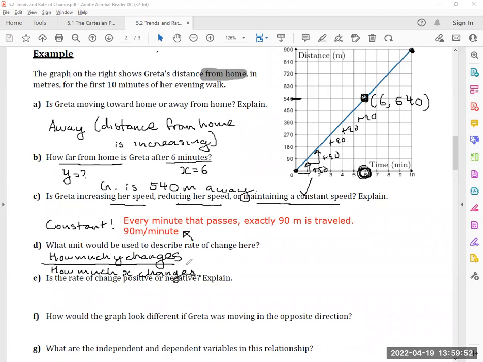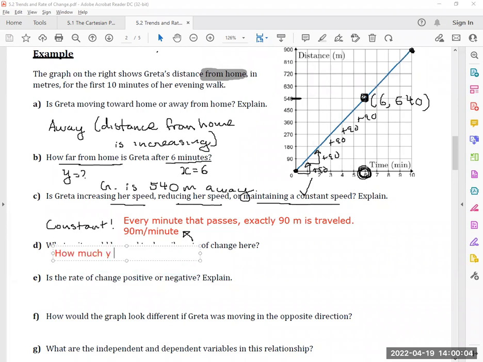Can you even read that? Is that really messy? I think so. Yeah, let me rewrite that a little bit. So what you're essentially doing is this. How much does the y change over how much does the x change?